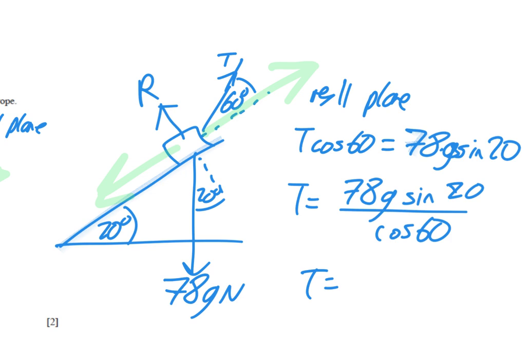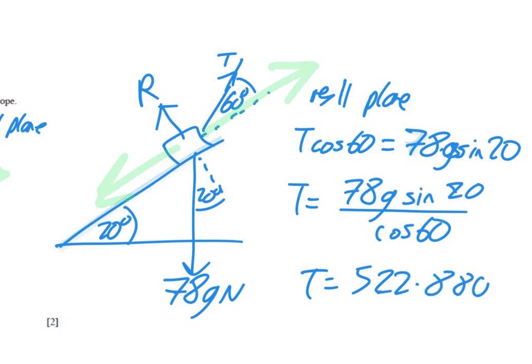Just put that all into your calculator. Make sure your calculator is in the correct mode, so it has to be in degrees mode in this case. So top line of my fraction, I've got 78 times g, which we're assuming is 9.8, times sine of 20. Bottom line of my fraction, I just have cos of 60, and press equals, and when I did that, I got my tension to be 522.88.